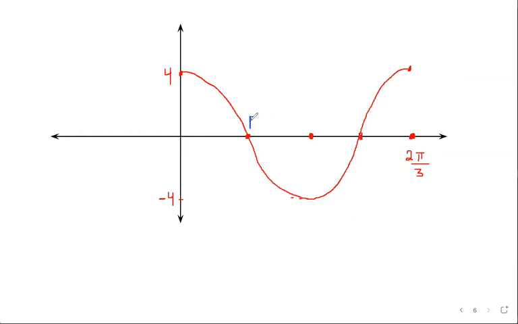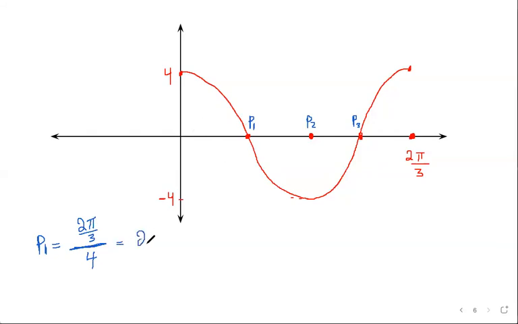So I call this one P1, this one P2, and this one P3. To find P1, divide 2 pi over 3 by 4. Why 4? Because we need 4 points.